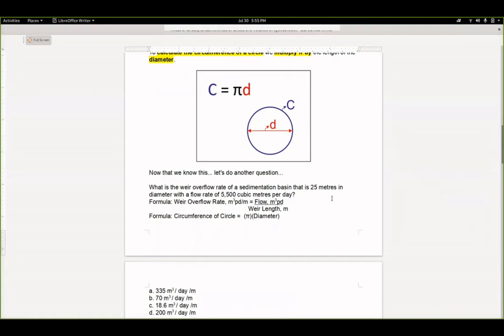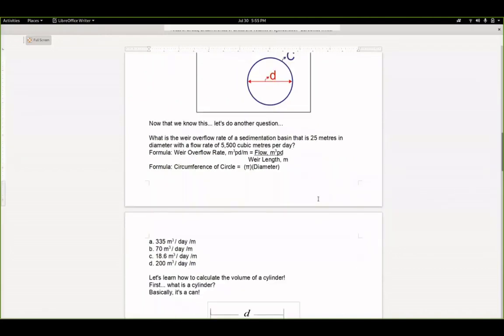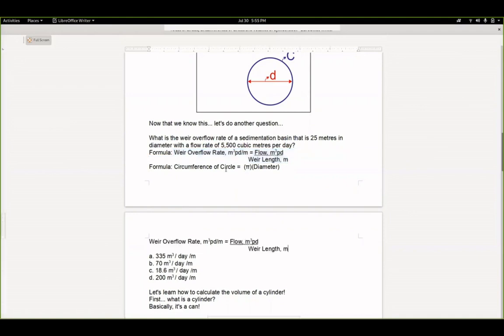The formula for the circumference of a circle is pi times the diameter. So we need the flow over the weir length, but we also need to know the weir length, so we need to find the circumference of the circle. To find it, we do pi times diameter, and the diameter is 25 meters.